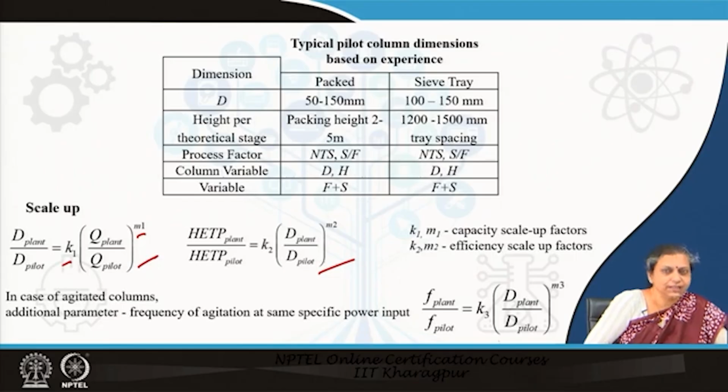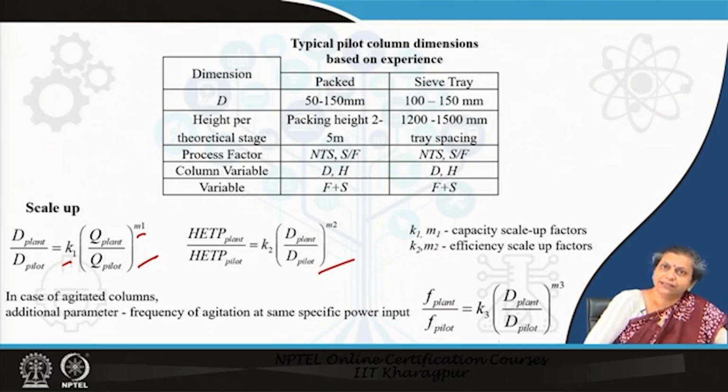And one more thing you should remember: when we are going for agitated columns, there is an additional parameter which should be considered, that is the frequency of agitation at the same power input. This is almost similar, if you remember when we were discussing scale up for mixer settlers, there also we had scaled up assuming the same power input. So, in this case also we assume this, and accordingly the frequency of agitation is decided here.